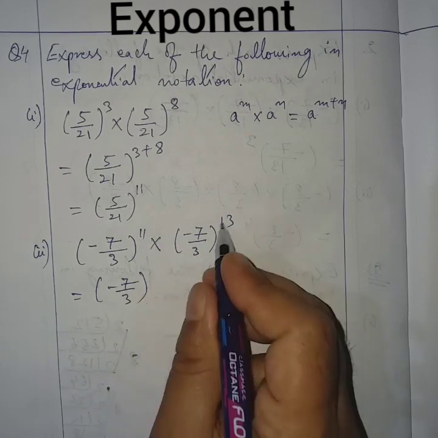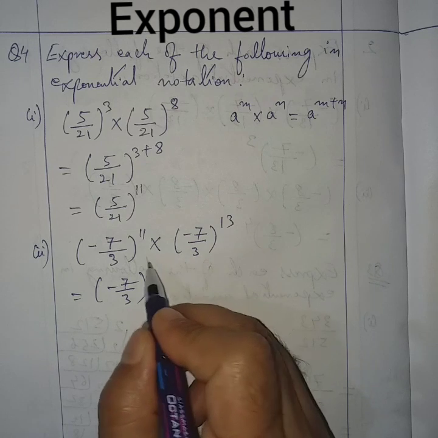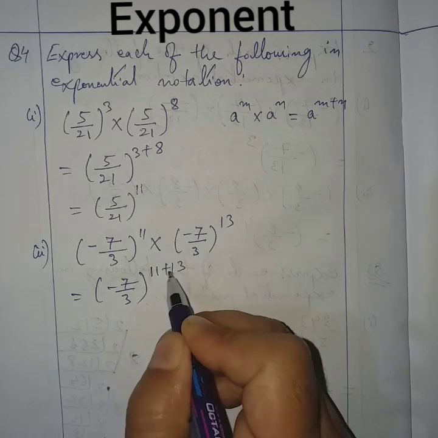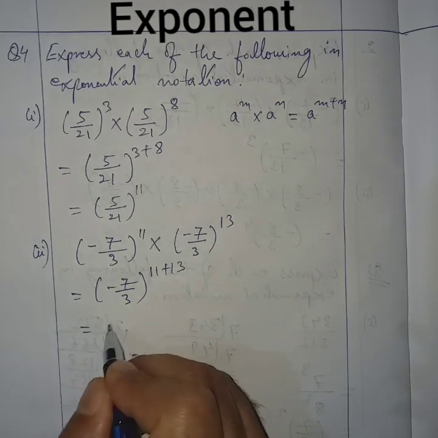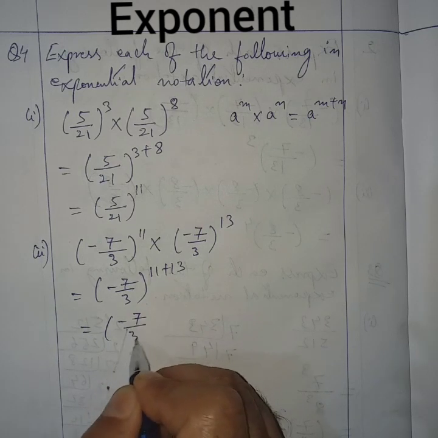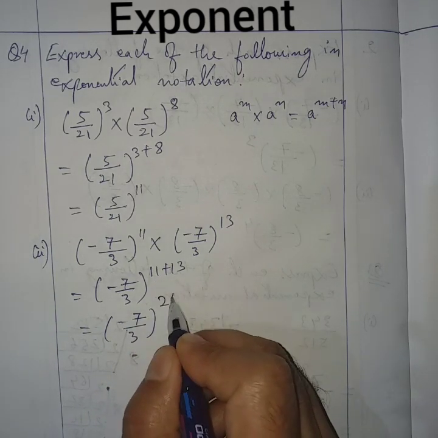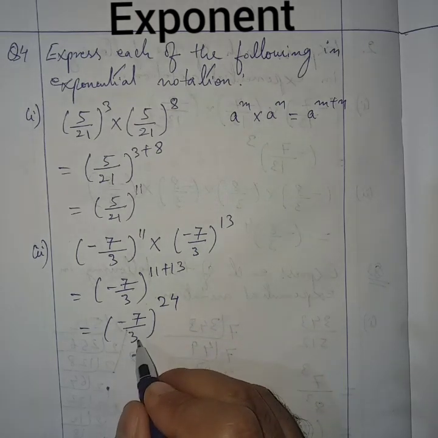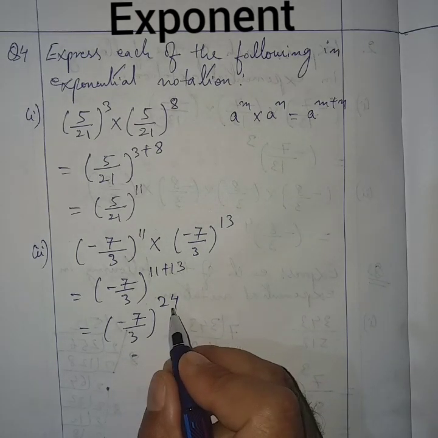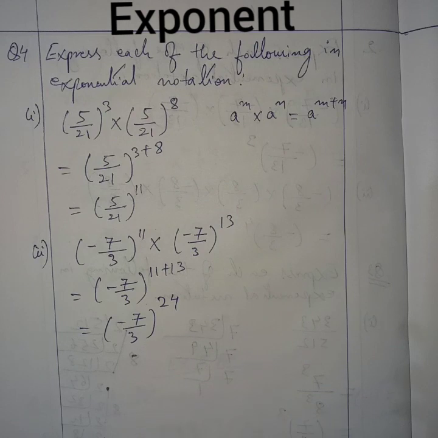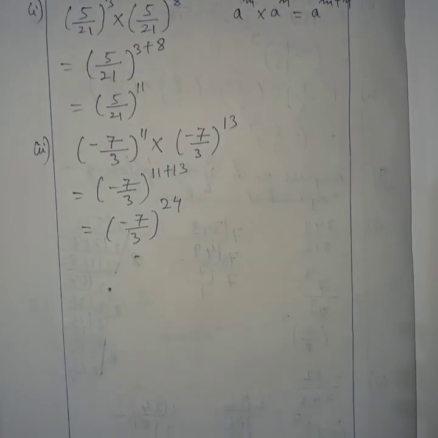The powers will add since it is multiplying. 11 plus 13 is 24. So minus 7 by 3 whole to the power 24. Okay, next number is 3.